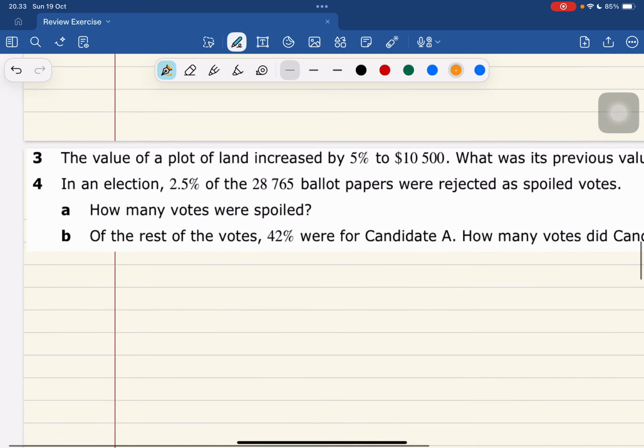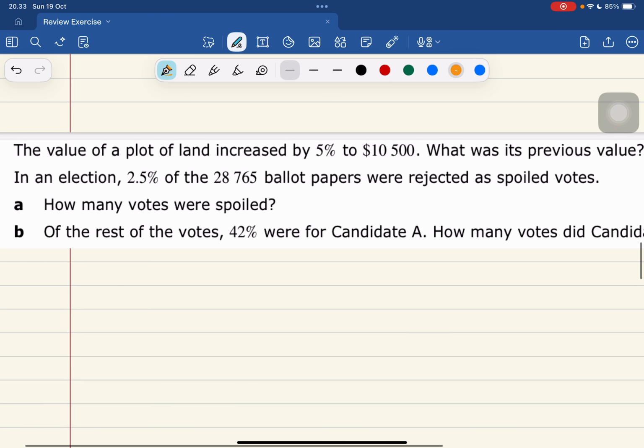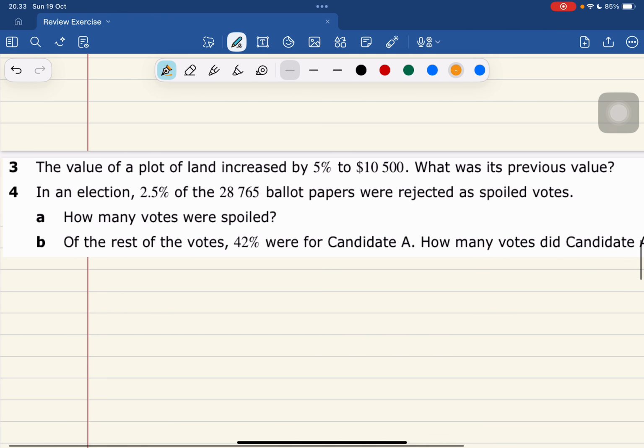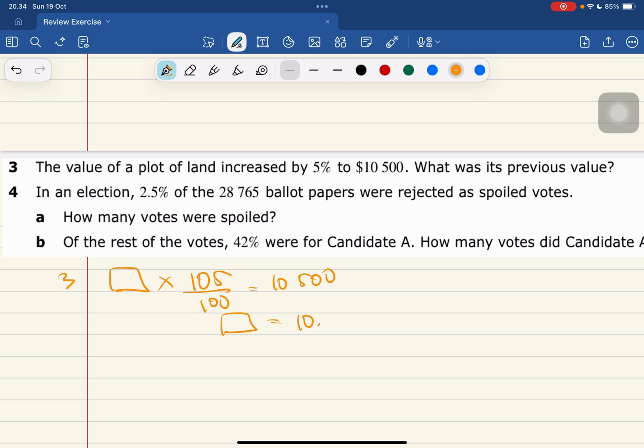Next, the value of a plot of land increased by 5% to 10,500. So we can make it this number 3. So what was multiplied by 105 over 100? So the price was going to be 10,500 multiplied by 100 and divided by 105.